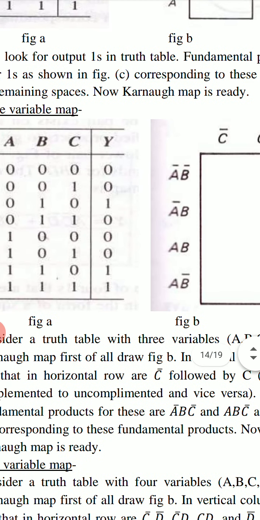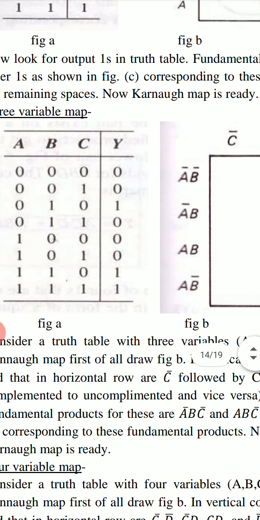Now we find the fundamental products for which output Y is 1. In this table, output Y is 1 for three combinations. The first one is 0 1 0, for which the fundamental product is A bar B C bar.